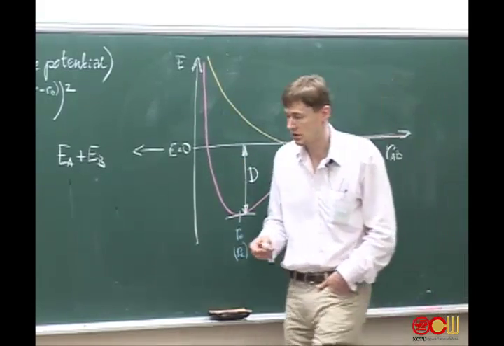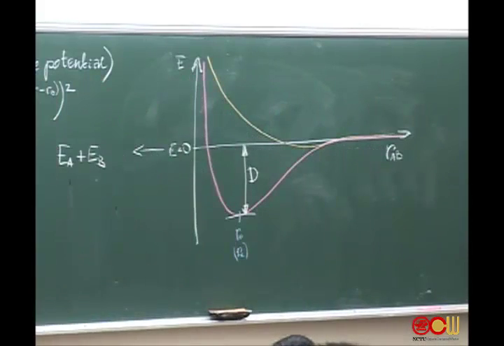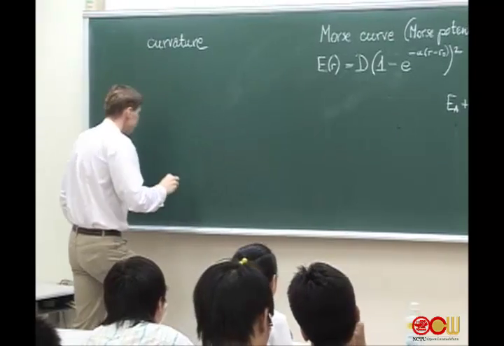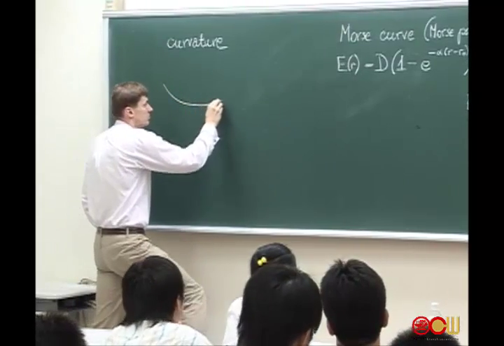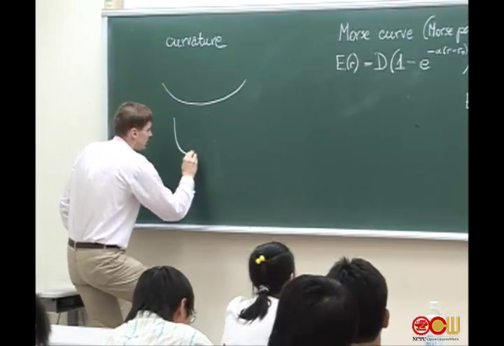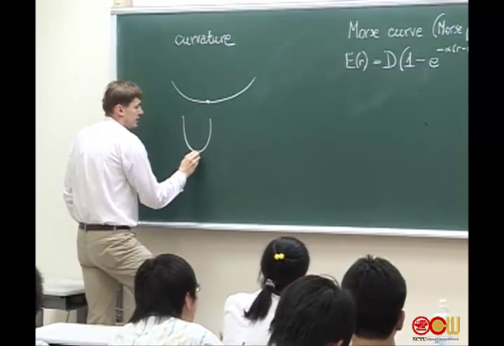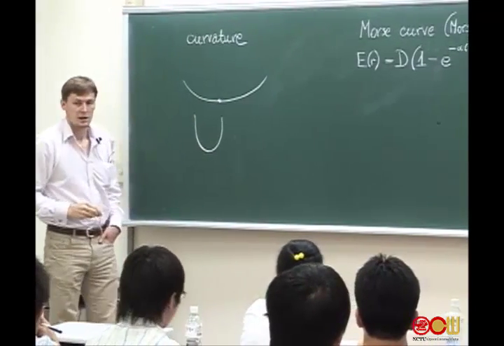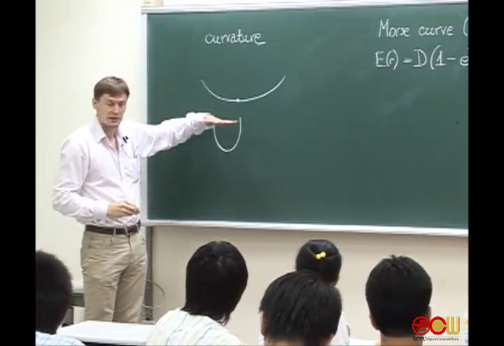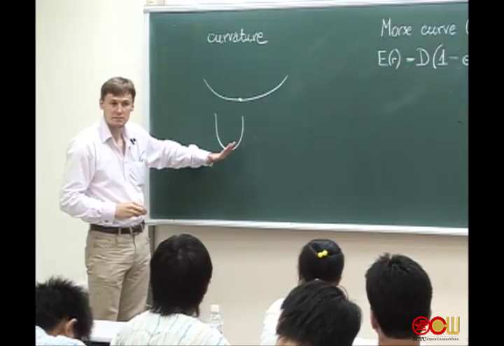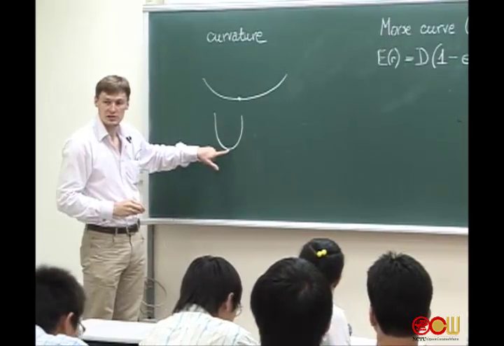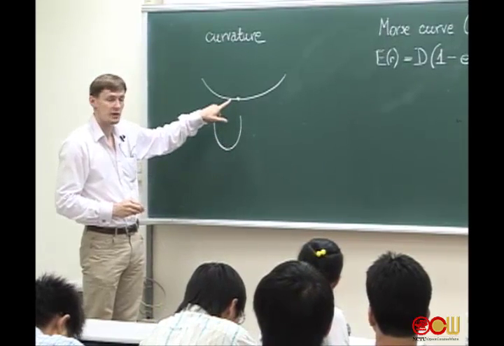Now, this is a new term for you, so I will say a few words about the curvature. Imagine this line and this line. I'm asking about this point and this point. This line looks more flat. This line looks more curved. So we say curvature is larger here than here.